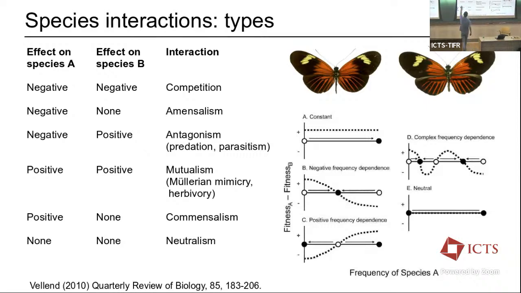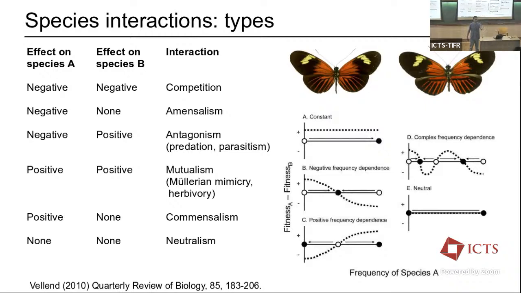And then you can have various combinations of that, right? So, which is particularly important in the context of disease, where species B has a negative impact on species A, but species A has a positive impact on species B, which is basically, if I eat you, you're losing, I'm gaining.